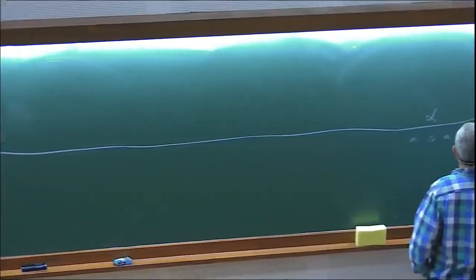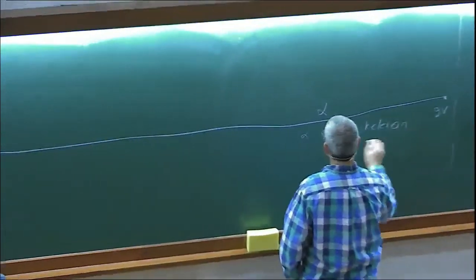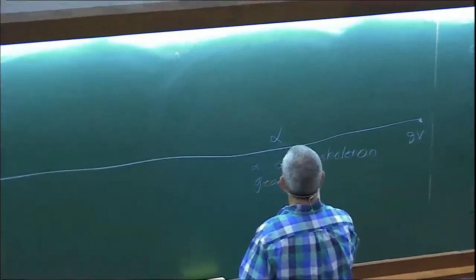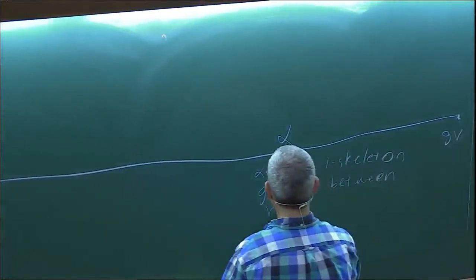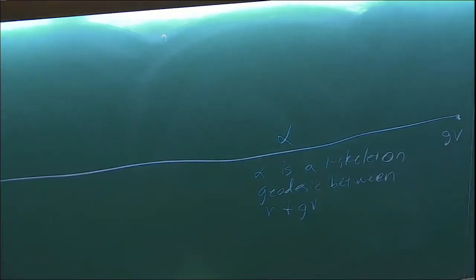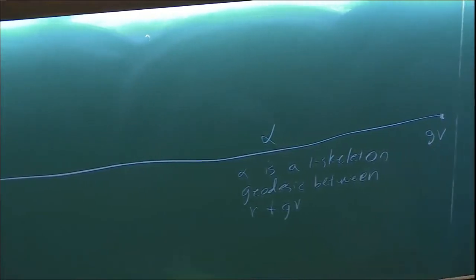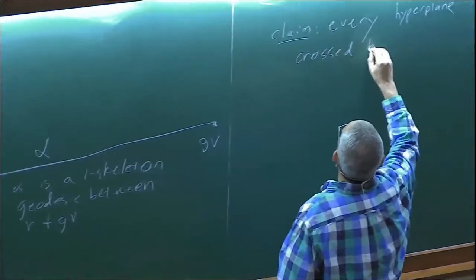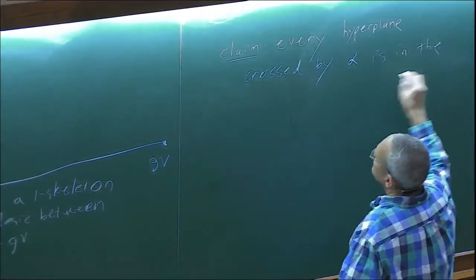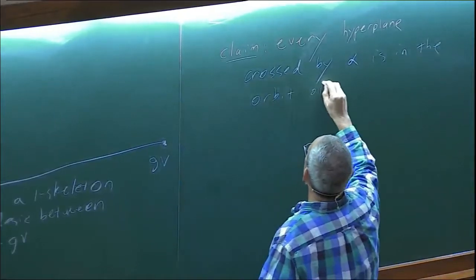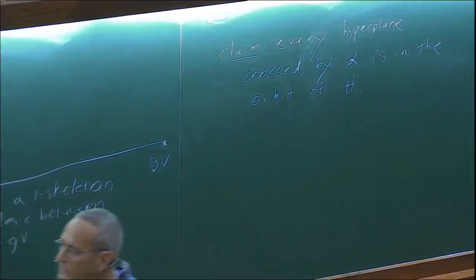So alpha is a one skeleton geodesic between V and GV. Every hyperplane crossed by alpha is in the orbit of H. Okay, the orbit of this finite collection of things.